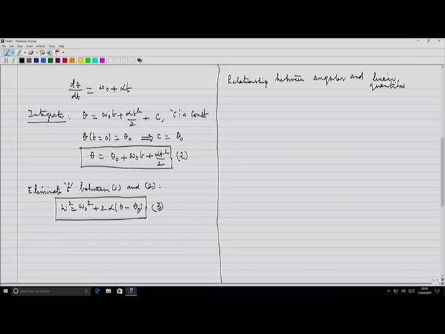To some extent we have seen this in lecture 3. However, what we have is an object which is going around. This is the x-axis, y-axis, and I have here a particle.